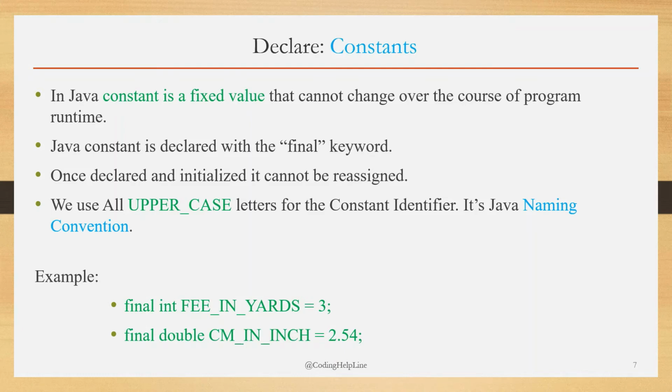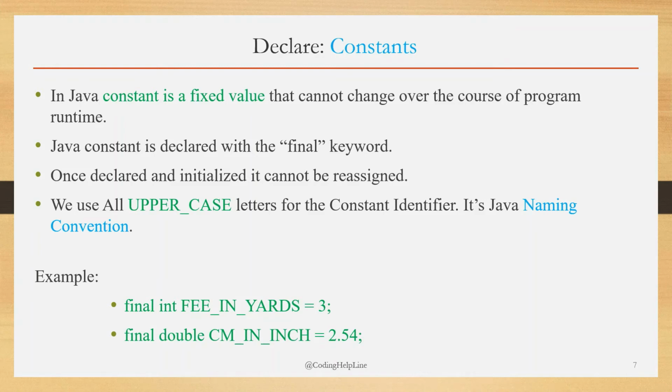These are unit conversions, and Java uses a certain naming convention. For example, all the Java classes normally start with an uppercase letter. Methods and variables normally start with lowercase letter.